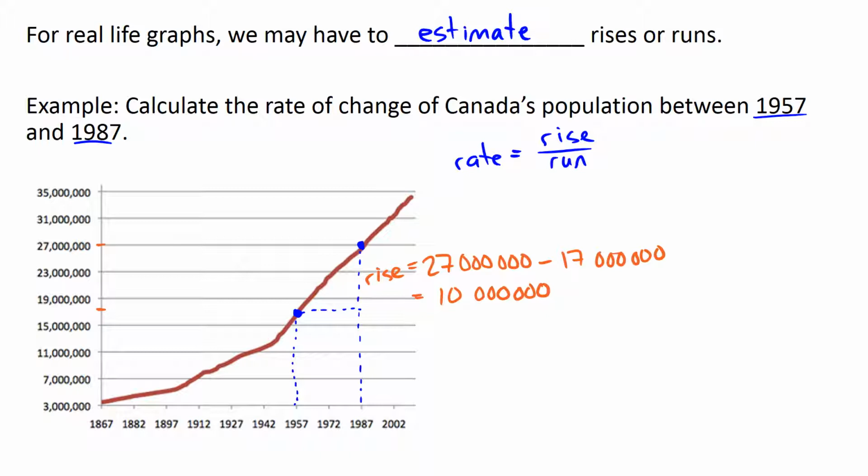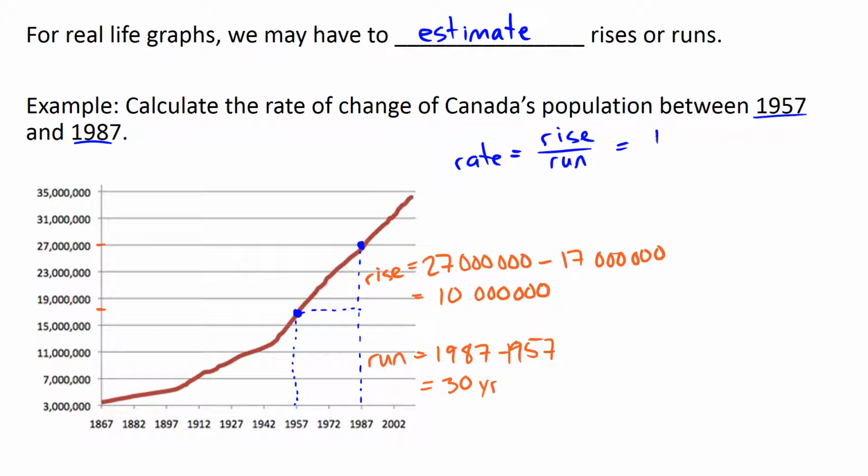The run, on the other hand, is between 1957 and 1987, and we might be able to see that that's 30 years, but we can also do it with subtraction by doing 1987 minus 1957, which gives us 30 years.